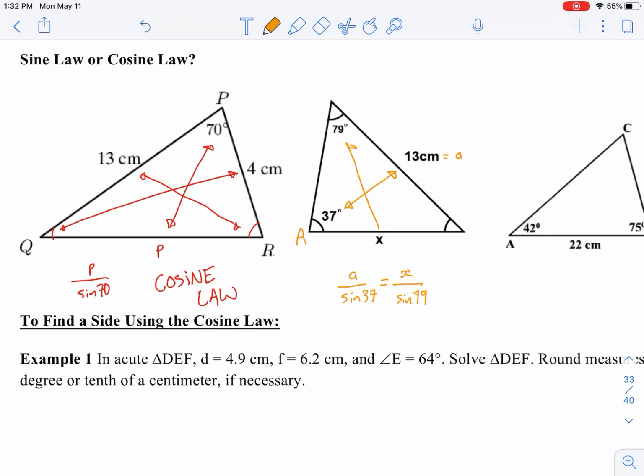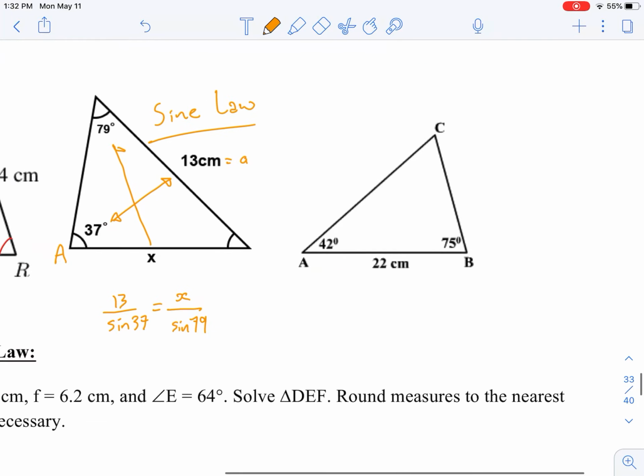I'm not going to go ahead and solve this, but we could solve for this. So we substitute A being 13. We have 3 of the 4 missing pieces of the puzzle, and we could just use sine law. So this one we would definitely use sine law. Always use sine law when you can. Just makes your life a little easier.